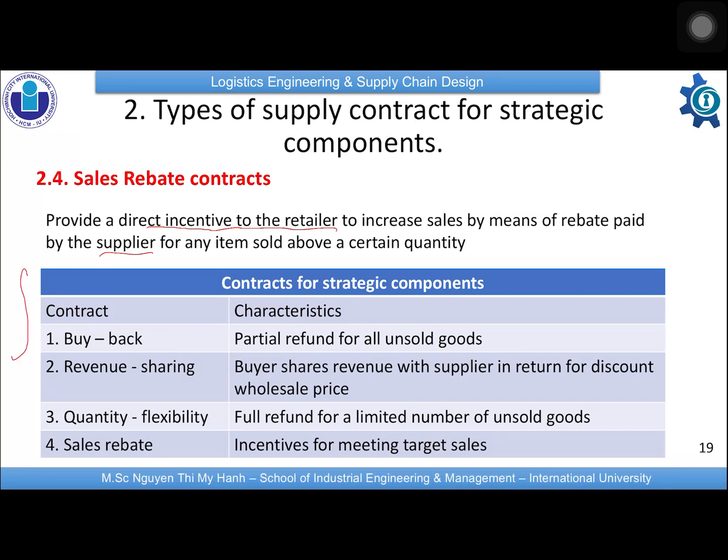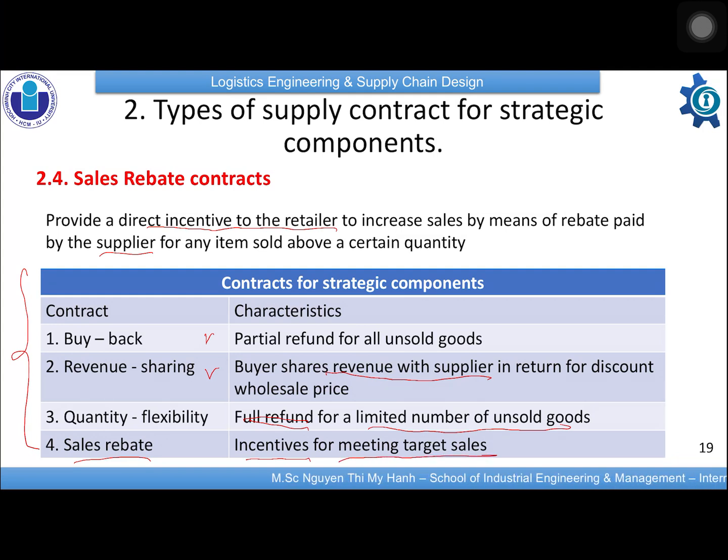Here is the table that summarizes all four contracts I introduced earlier. The buyback contract is a partial refund for all unsold products. For revenue sharing, the buyer shares revenue with the supplier in return for a discount on the wholesale price. Quantity flexibility is a full refund for a limited number of unsold products, and sales rebate is an incentive for meeting target sales.